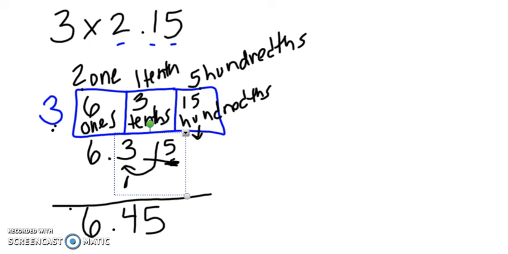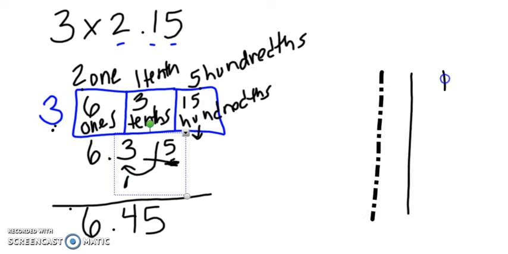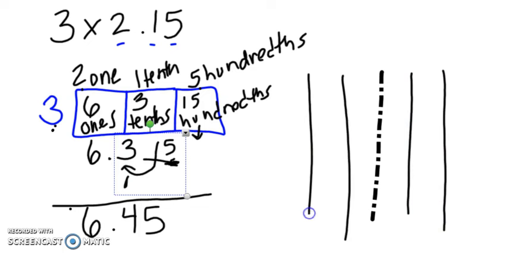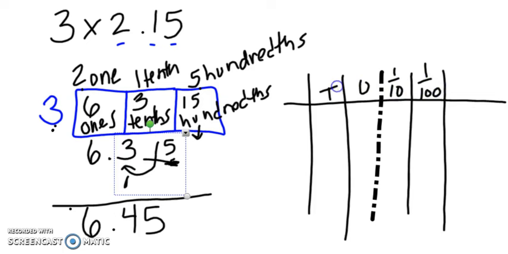Now I could demonstrate this same problem using a place value chart. So if I'm going to quickly draw a place value chart, my tenths, my hundredths, ones, tens. And if you remember, when we're multiplying, I can go ahead and write into my place value chart the discs that I have.